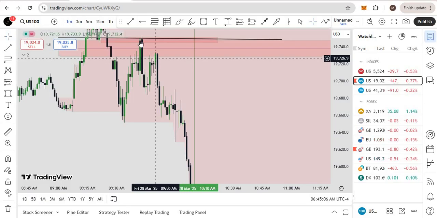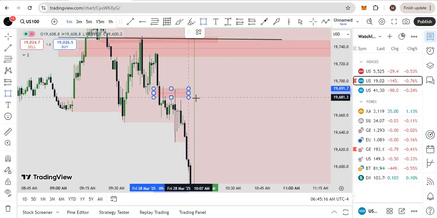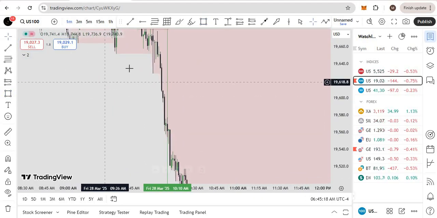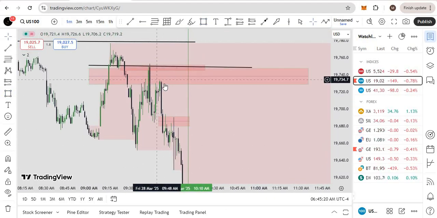Price reached and then gave a market structure shift, and then we have this fair value gap, and we took the trade here, and then you can target 1 2 3. Your SL will be here, or to be safer you can put it here as well.